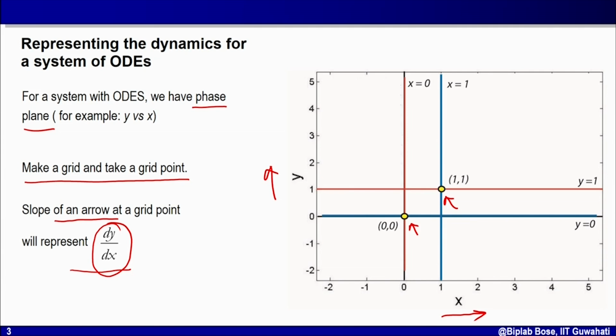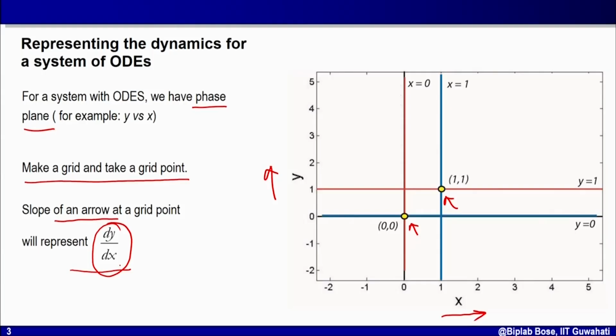That will show how y is changing as x is changing. And as x changes with time, y will also change with time. So that's how I can visualize the change in y and x in an xy plane.